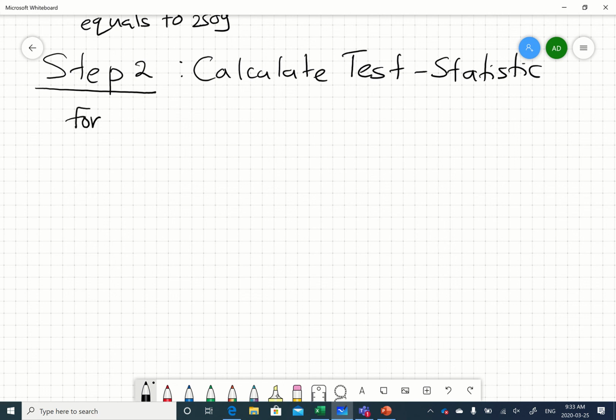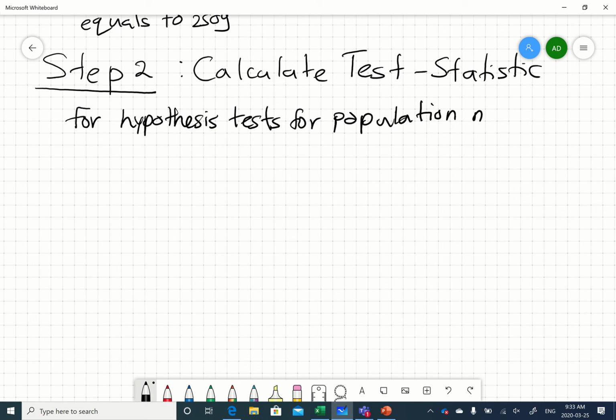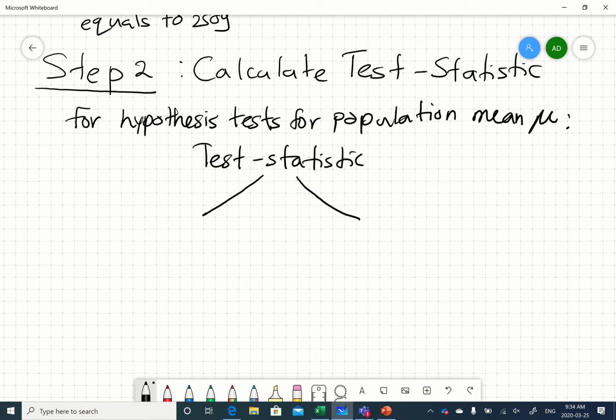Let me add a note here. So for a hypothesis test for population mean, mu, the test statistic would be a z value if sigma, the population standard deviation, is given in the question, and it's going to be a t value if a sample standard deviation s is given.